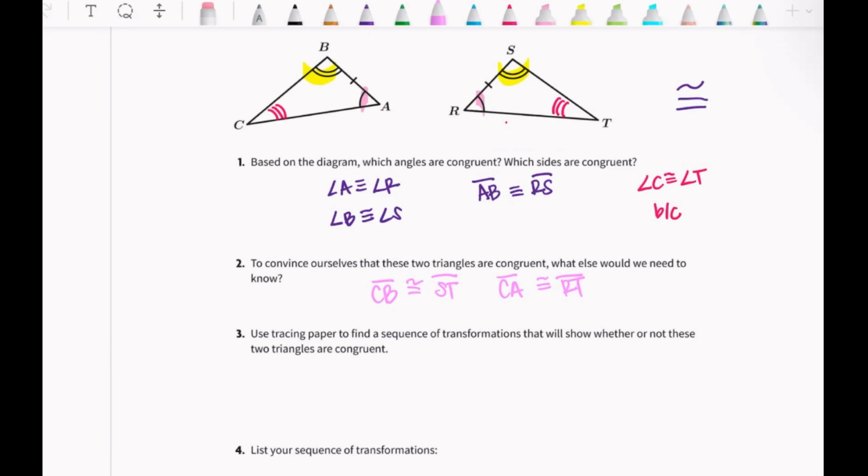Okay. And then I would start off by translating it over. I would translate point A to R. And there are many answers, okay? I don't know why, but I always like to move and then rotate and reflect. So let's see. Yeah, I would translate A to R.